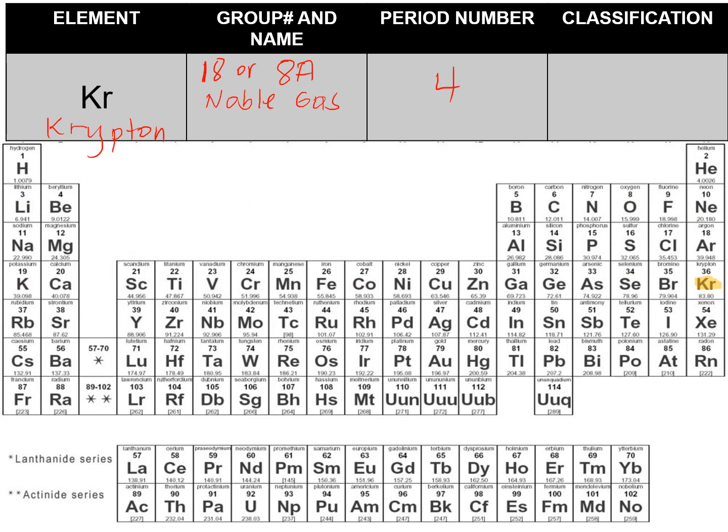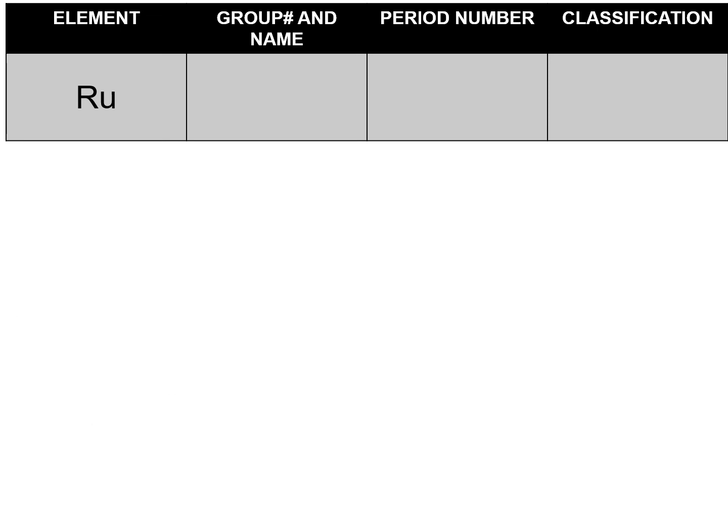So, i-highlight natin yung ating hagdanan. Yung staircase natin. So, nasan siya? Nasa right. 'Di ba? Nasa right siya. So, siya ay example ng non-metal. Non-metal siya.